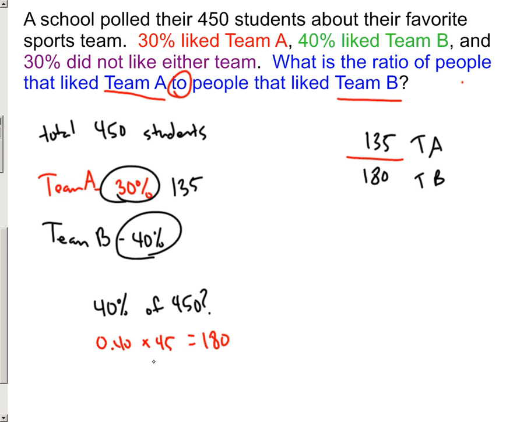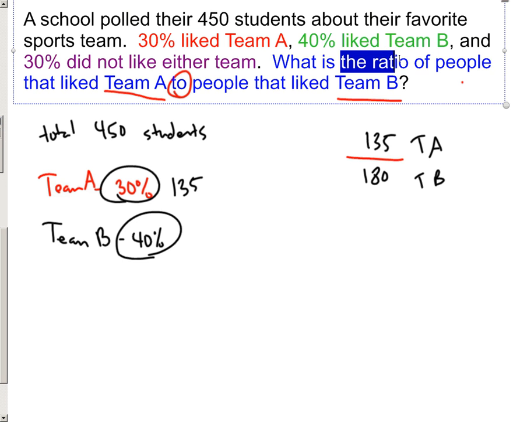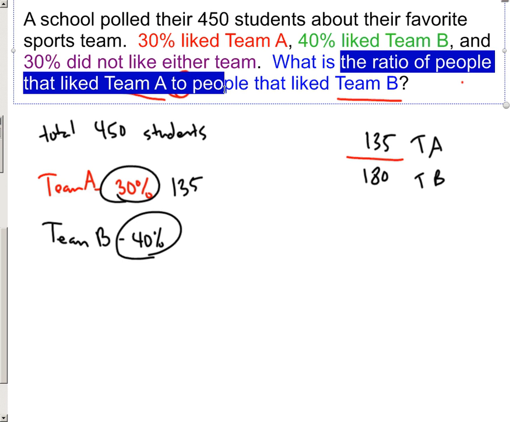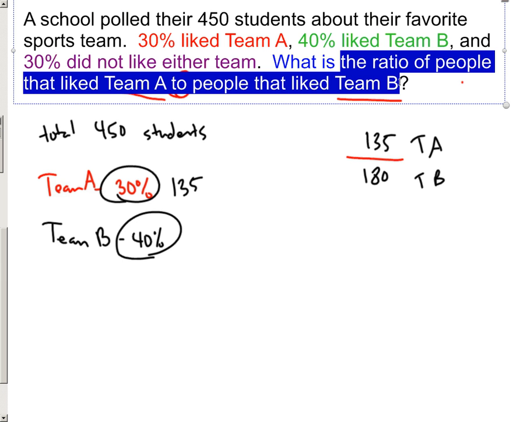Now again, we need to look at the question and frame an answer in the form of a sentence that gives the question makers, or whoever's giving this question, exactly what they want. And I think right here's the best place to start. If we just said the ratio of people that like Team A to people that like Team B, and then we could put the word is right there.